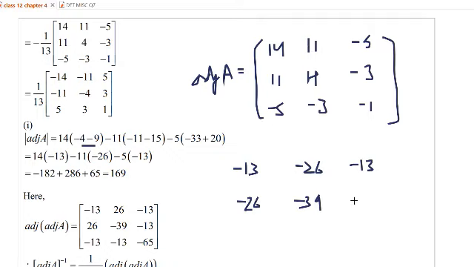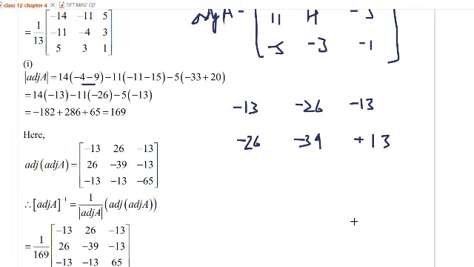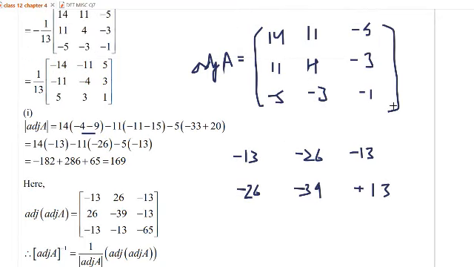So it will be 13. Later on we'll change the sign. And now this element, minus 33 plus 20, that is minus 13. Hiding this element by row and column, I'll get minus 42 plus 55, so again 13.